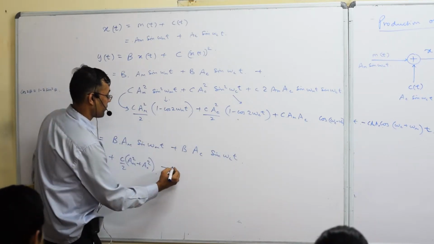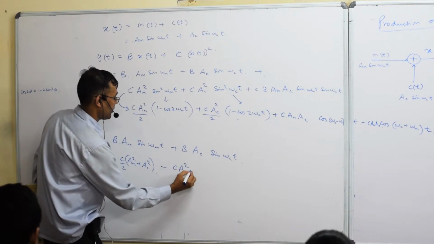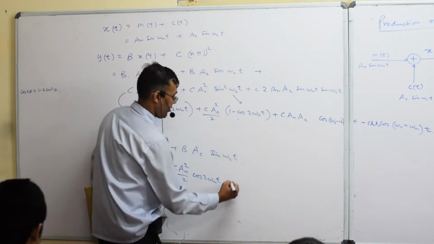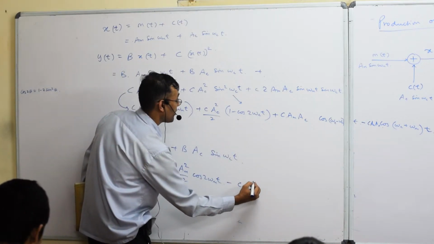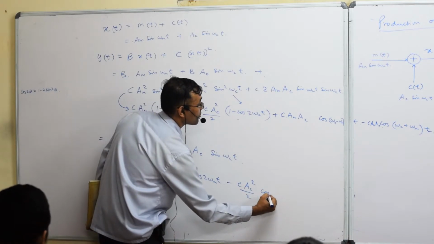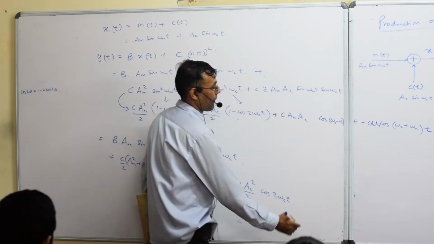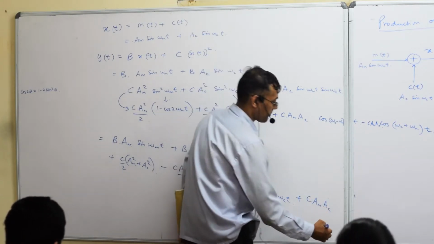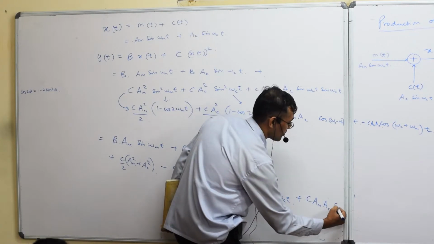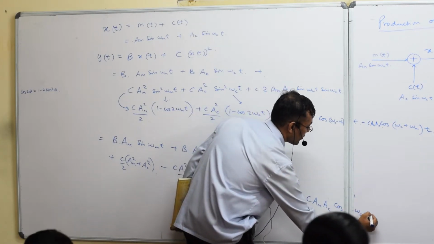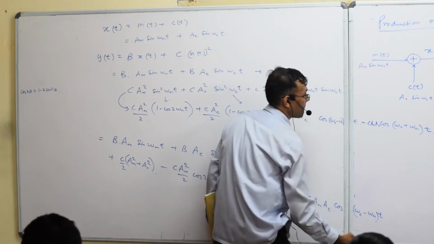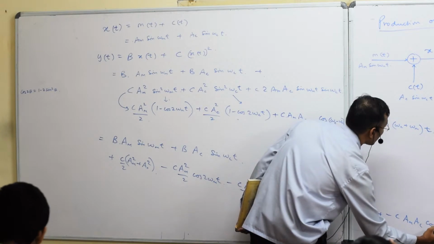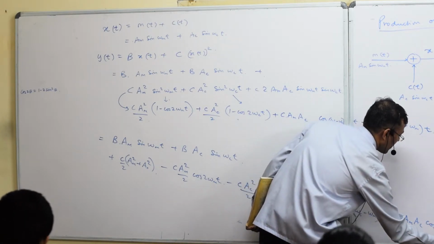Then this into minus. So minus CAM square divided by 2 cos 2 omega mt, minus CAC square by 2 cos 2 omega c into t, plus CAM AC cos omega c minus omega m into t, minus CAM AC cos omega c plus omega m.